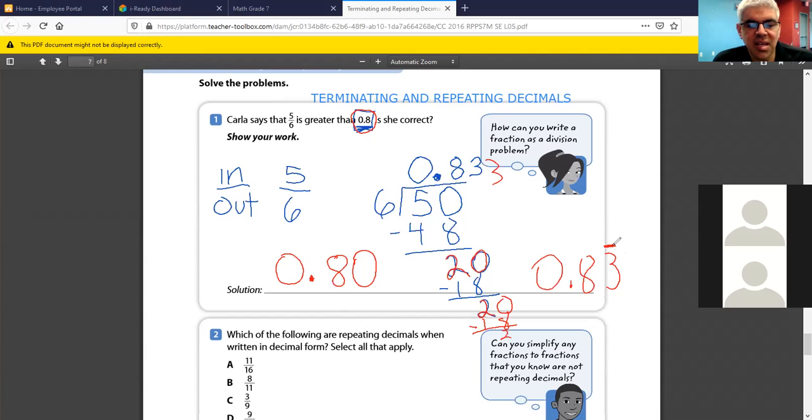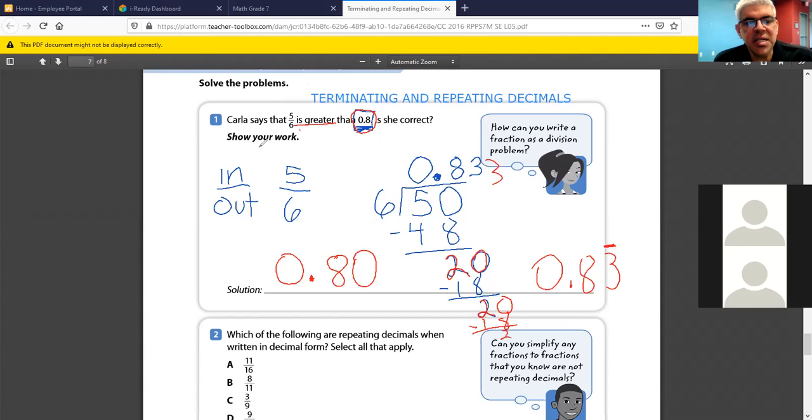So if we simply round, this is about 83 cents, but this is about 80 cents. So 5/6 is greater than 0.8. So Carla is correct. All right.